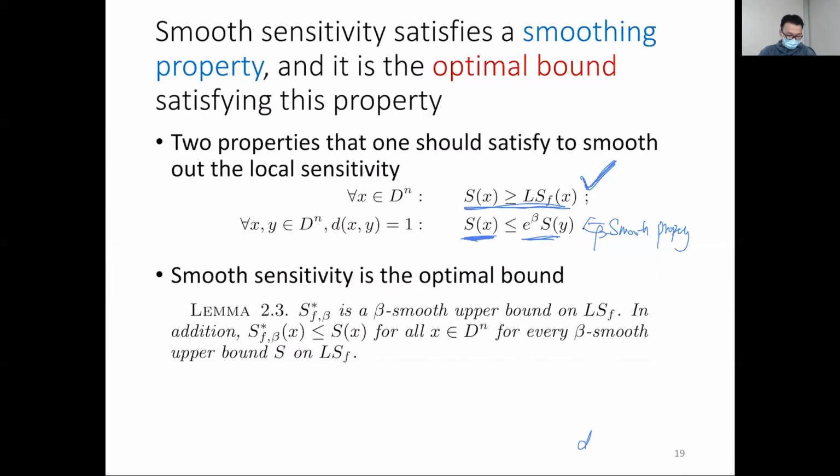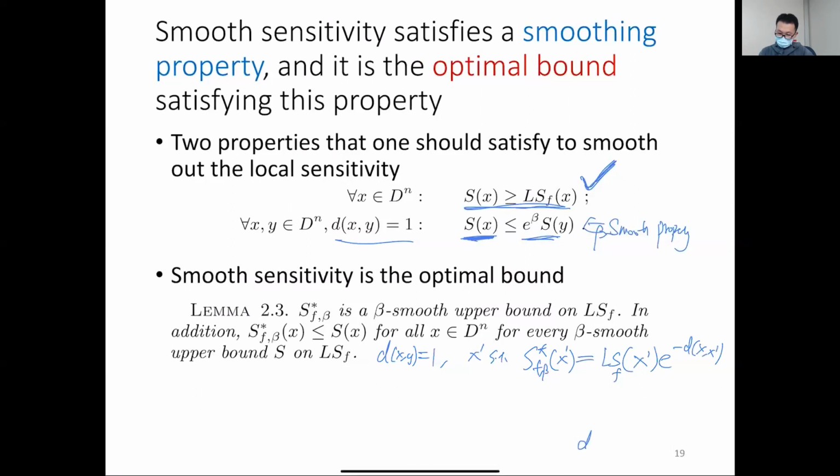So let's first construct something. First of all, y is a neighbor of x, and secondly, let's construct this x prime such that the smooth sensitivity of f at x is equal to the local sensitivity of f at x prime times e to the power of minus beta d(x, x prime).